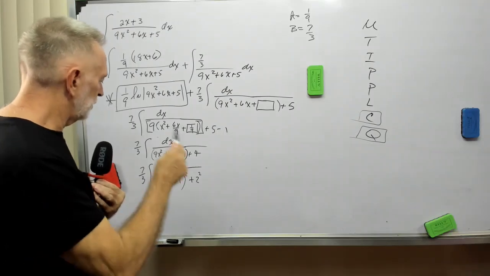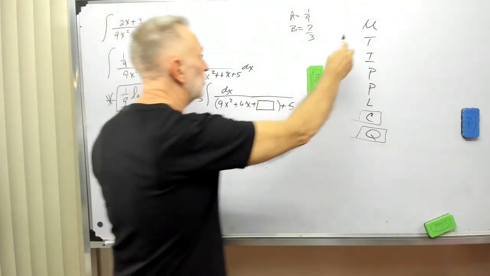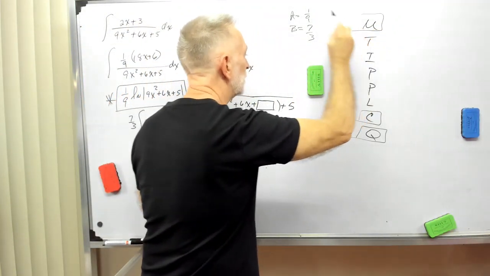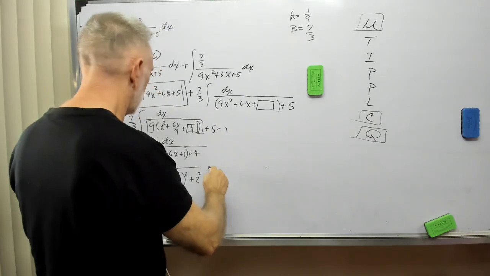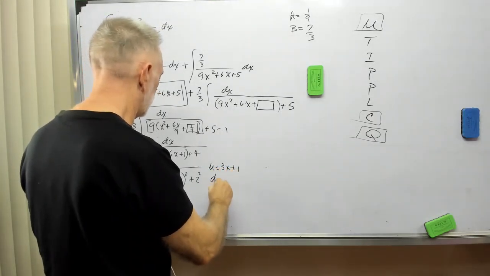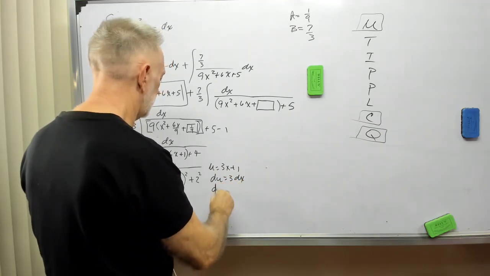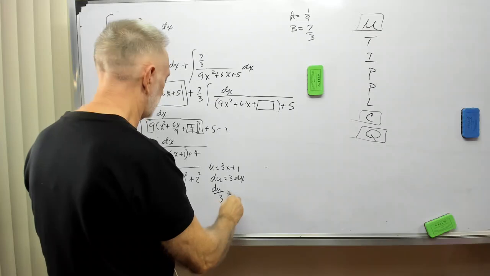Now you'll notice at this point, we're going to use another tool here. Let u equal 3x plus 1, du equals 3 dx, du over 3 equals dx.